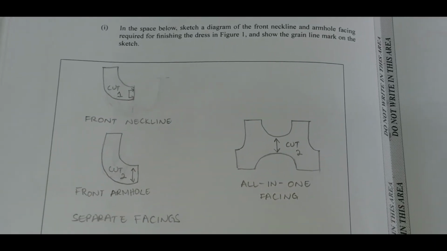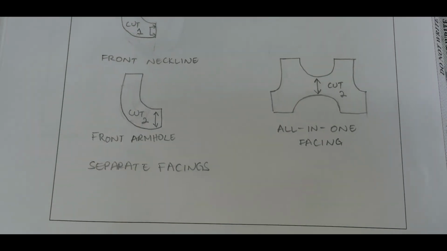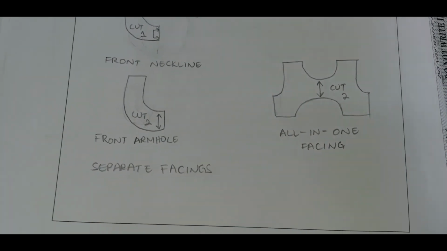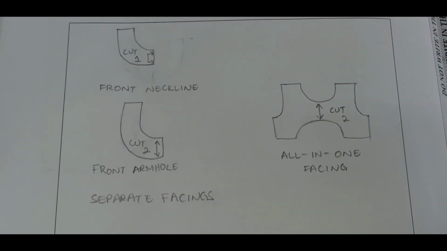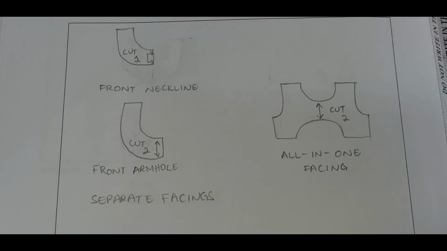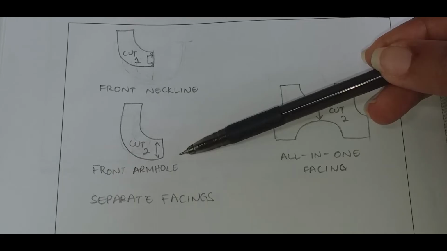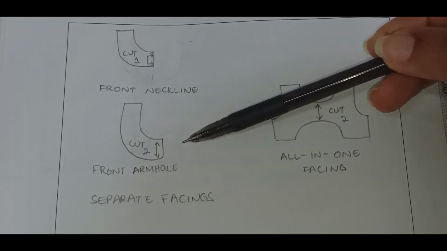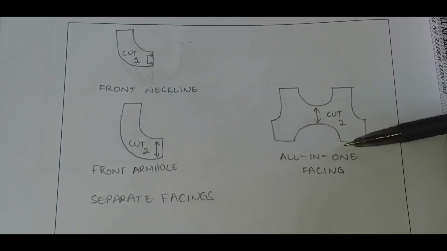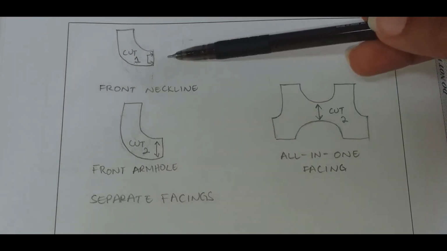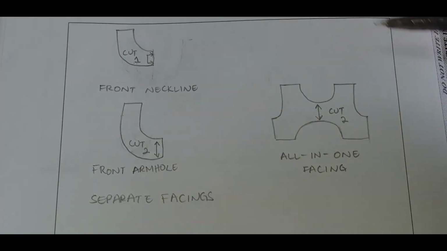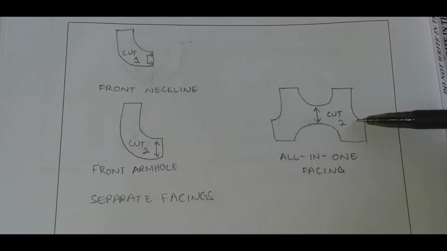Now on the left side, I have drawn 2 separate facings. So you can either draw separate facings for the front neckline as shown here, and the armhole as shown here, or you could have an all-in-one facing as this. So it's either these 2 on the left or you draw this sketch on the right.